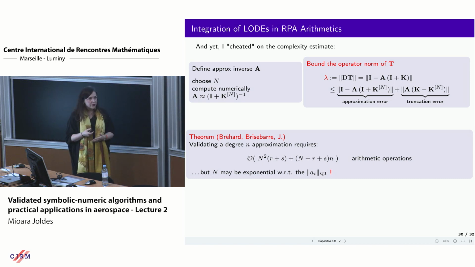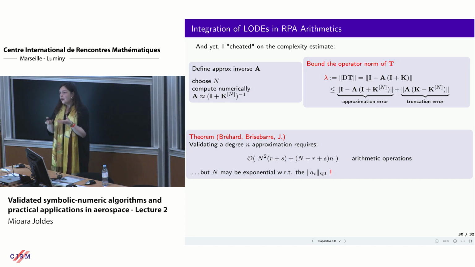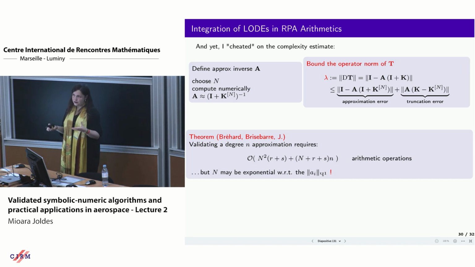And I can only have a decrease, as I showed, in 1 over i when I integrate, and I cannot really harness the fact that these coefficients, in fact, may decrease faster for some solutions than for others.